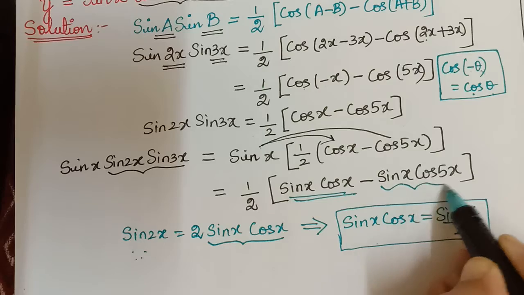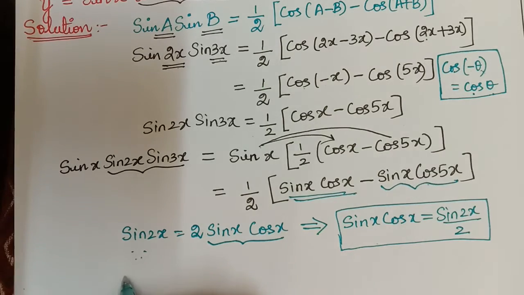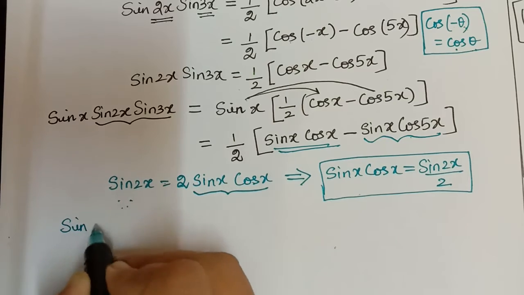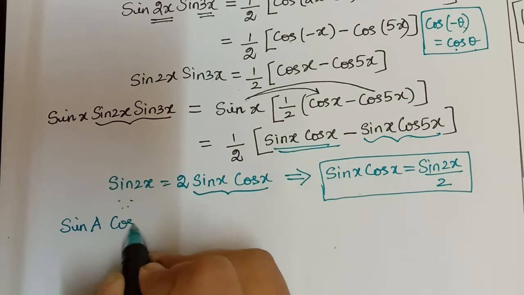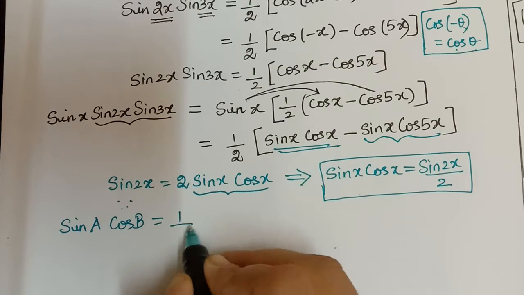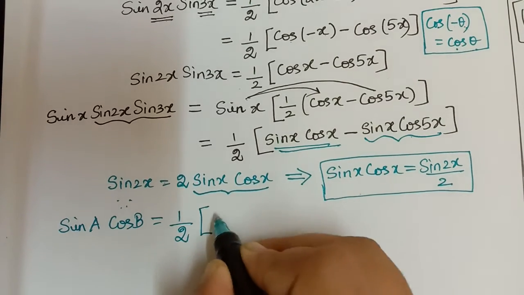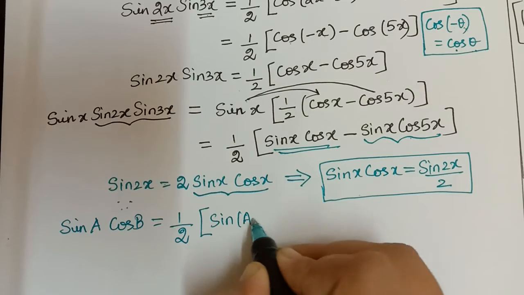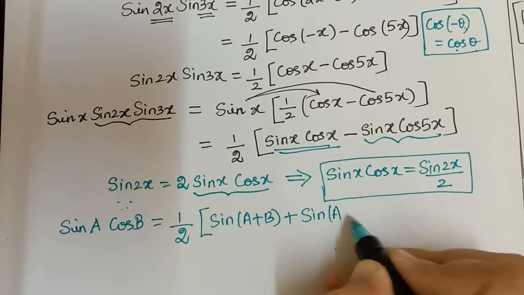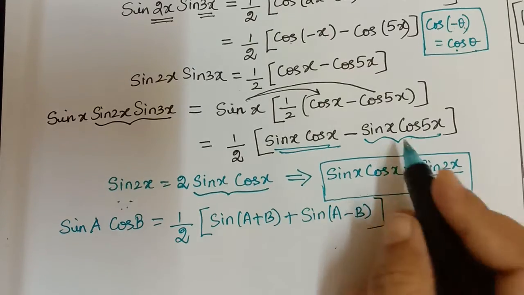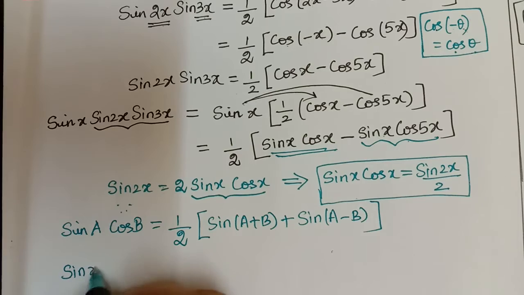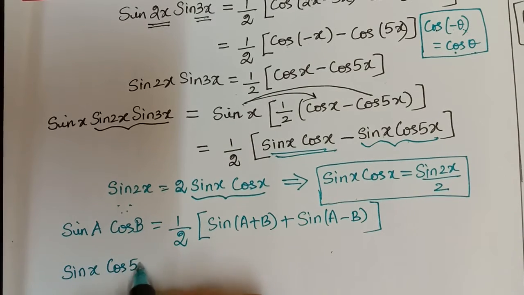And for sin x cos 5x we are going to use the formula sin A cos B, which is equal to 1 by 2 of sin(A plus B) plus sin(A minus B). Now we find sin x cos 5x.